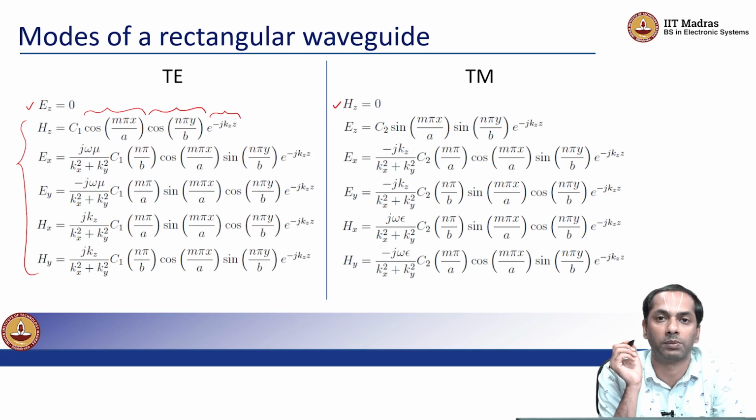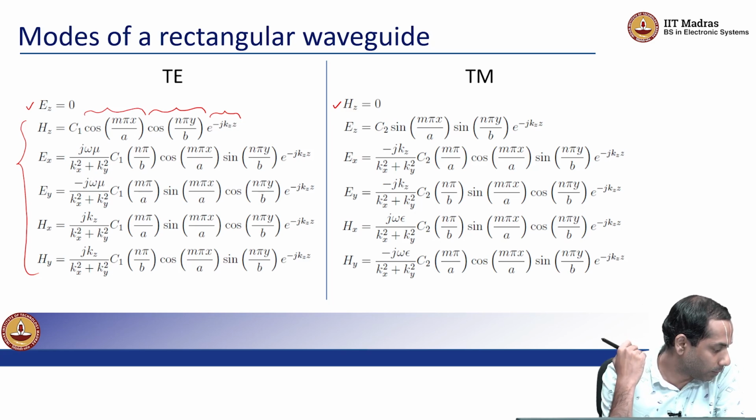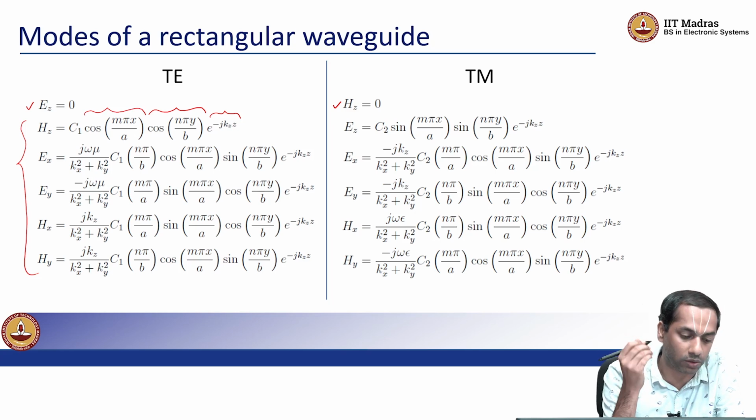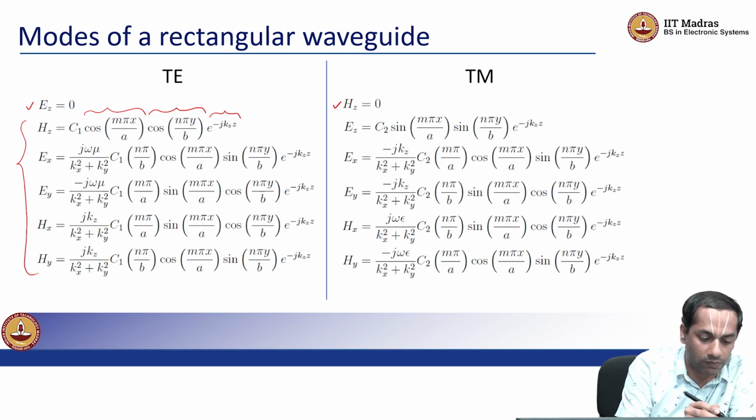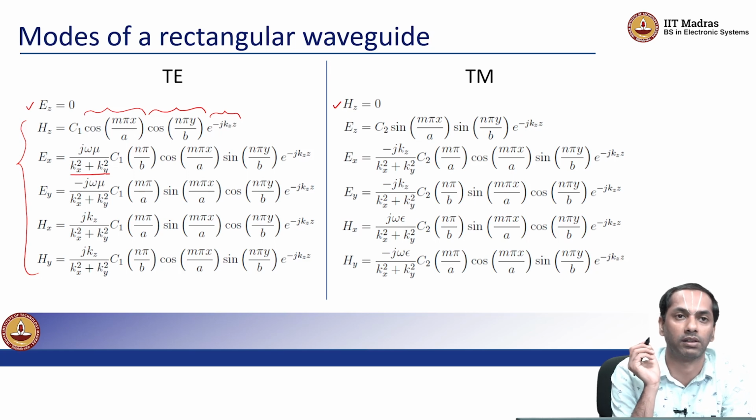So, now the spatial variation of my magnetic field is composed of standing waves created in the x and y dimensions and a propagation wave in the z dimension, right. So, a couple of things that we can infer from these expressions, right. I have used the term kx squared plus ky squared, right.